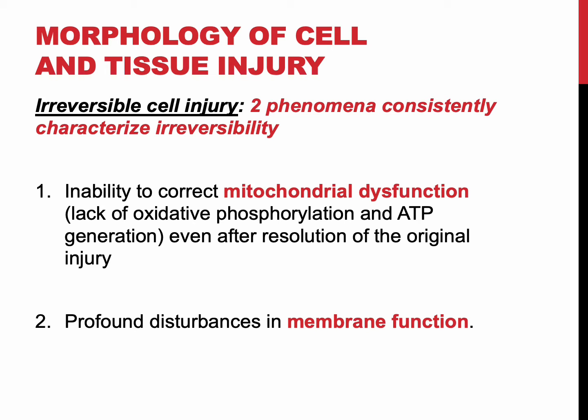Obviously, mitochondrial function is essential to produce energy and ATP, and if that's not corrected, that leads to irreversible cell injury. The other key concept is a significant disturbance in the membrane function or membrane integrity, again leading to irreversible cell injury.